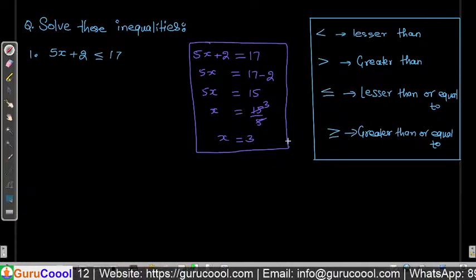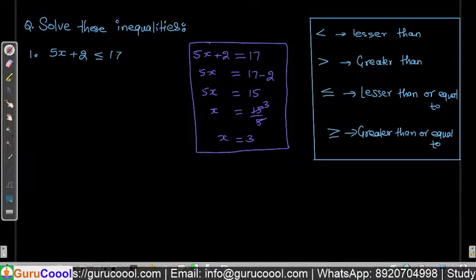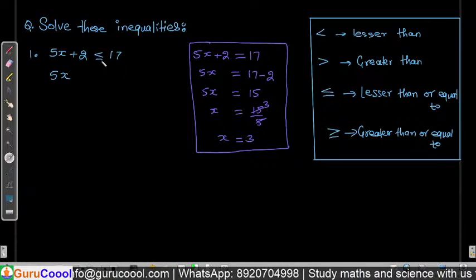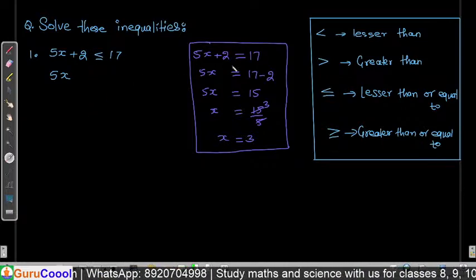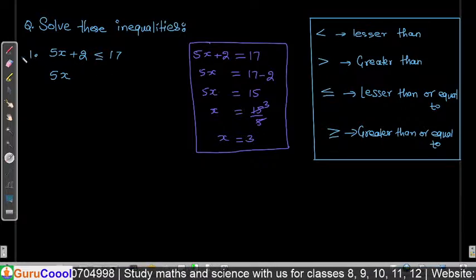You will use the same process while solving an inequality as well. But one thing you need to maintain: the inequality sign should stay as it is. In place of the equal sign, you have the inequality sign.